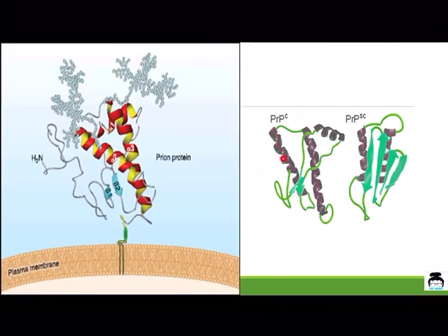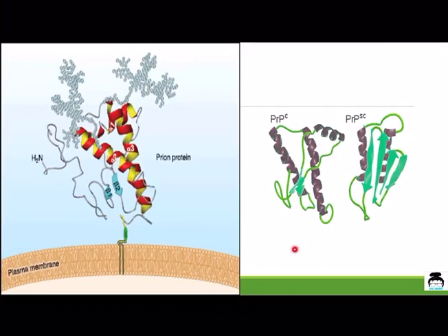This is how a normal prion looks. It is mainly made of alpha helices. Remember how we discussed that in secondary structure you have alpha helices and beta pleated sheets. Now prion proteins mainly have alpha helices, right? And this normal prion protein is what we call PrPC.